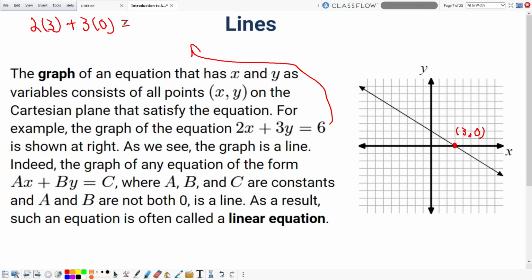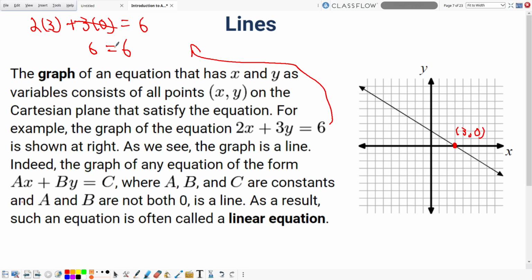And that should all be equal to 6, if the math works out. Well, 2 times 3 is definitely 6. 3 times 0 is 0, so that just is going to cancel out. So yeah, 2 times 3 is 6, and that is certainly equal to 6. So I know that red point right there is a valid point for that equation, and therefore belongs on that line, as you can see.